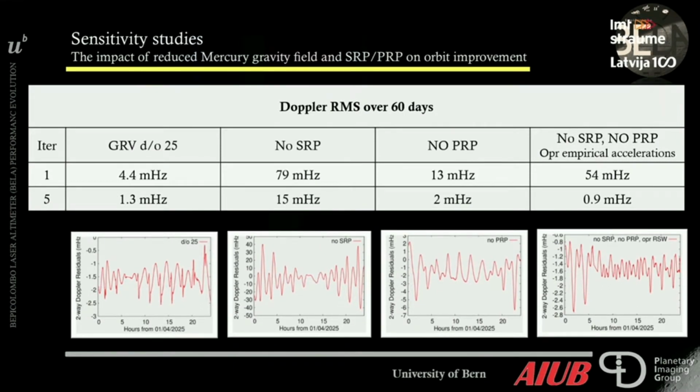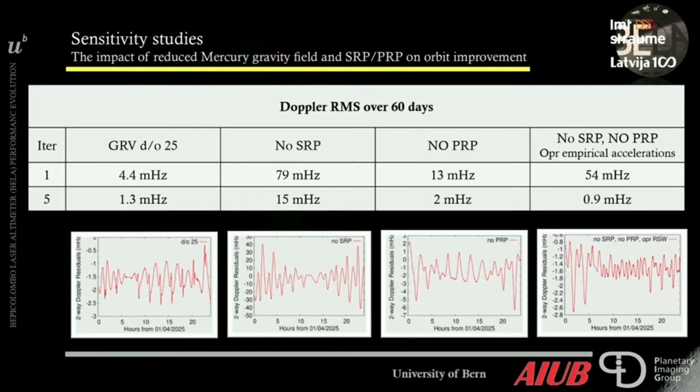Then we used, again, just the Doppler observations to do sensitivity studies, with a reduced gravity field, with a model with no solar radiation pressure, and with a model with no planetary radiation pressure.